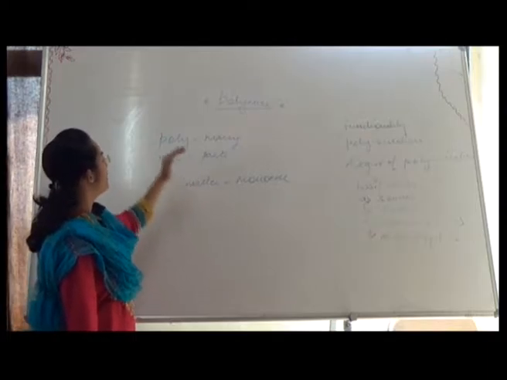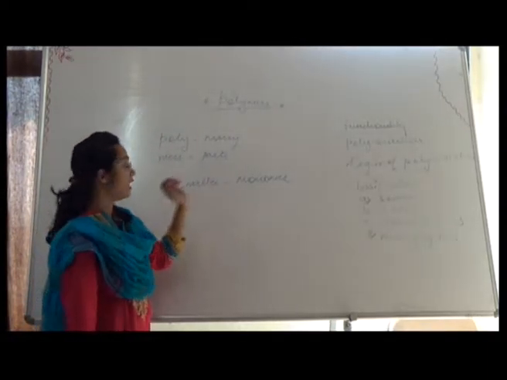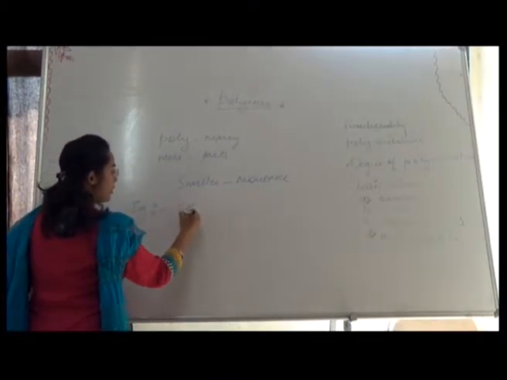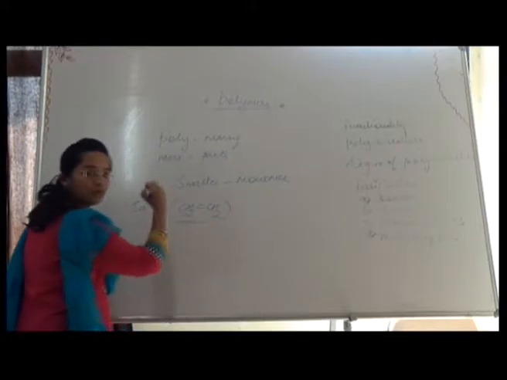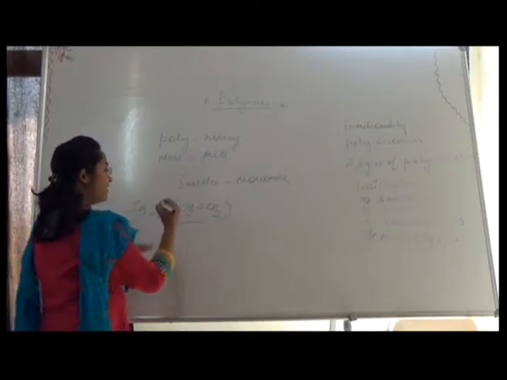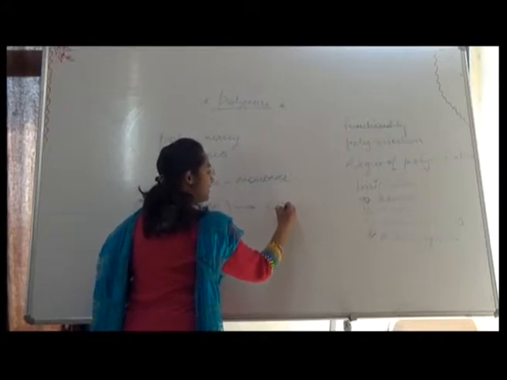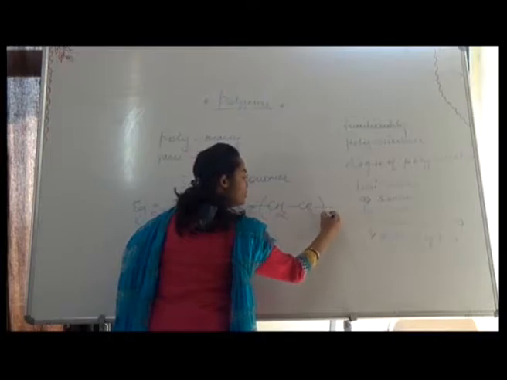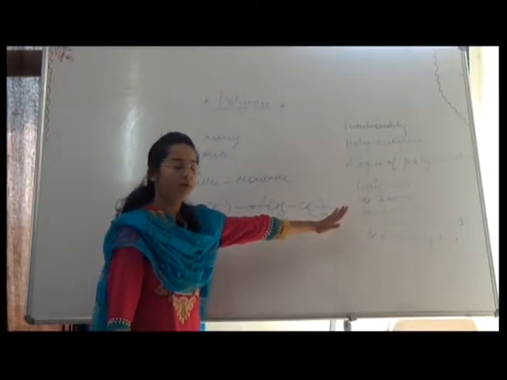Okay. Now, the next part in a polymer that we are going to see is functionality. For example, here is polyethylene. This is an ethene monomer, clear? So, this ethene monomer when taken n times can give you a polyethylene, which indicates that this monomer is being repeated n number of times.